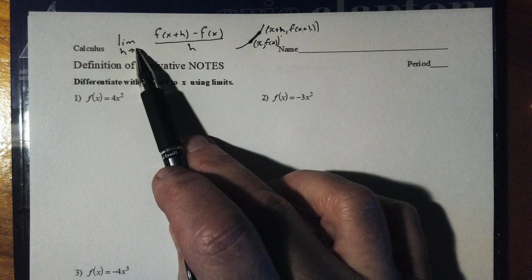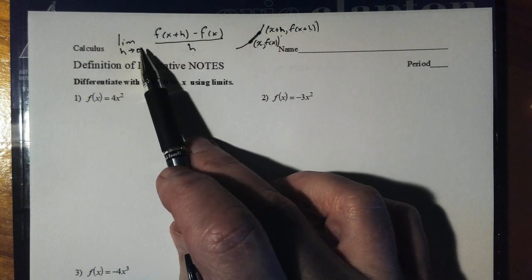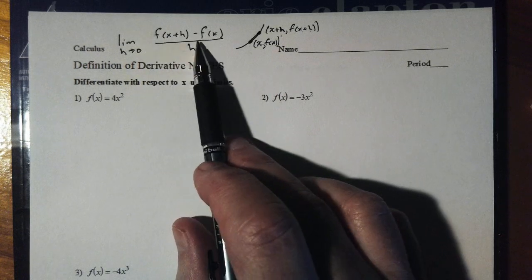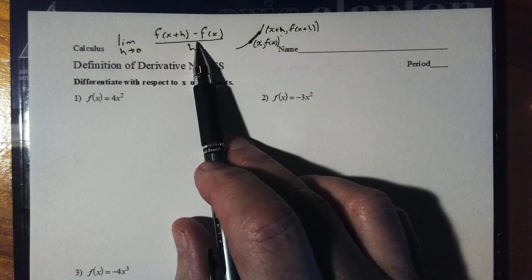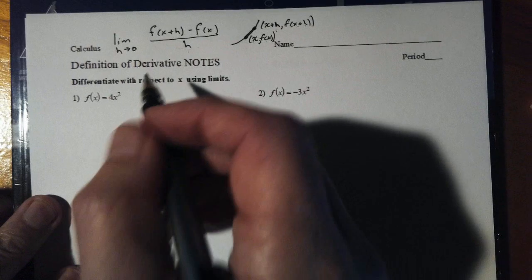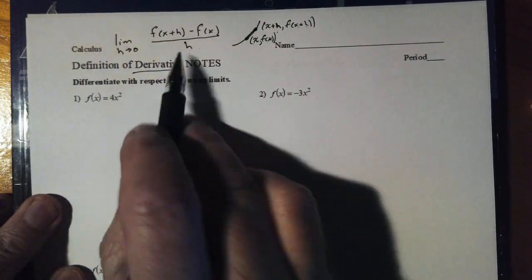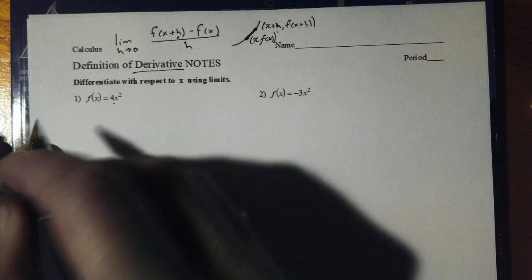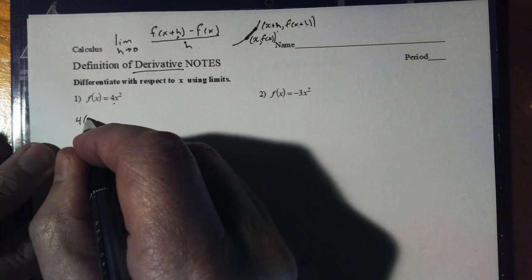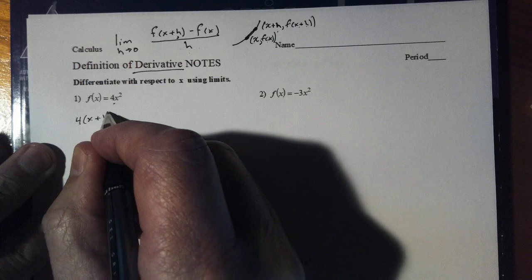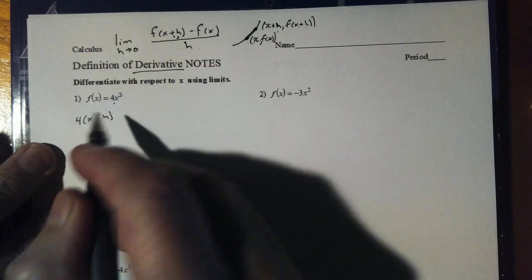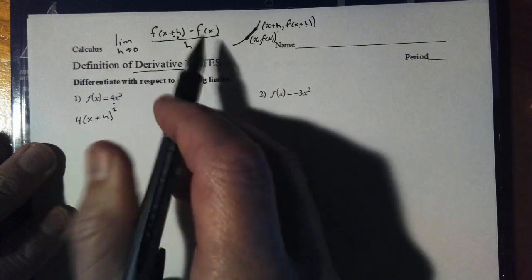Now there's a whole study that goes into limits, and you'll be talking more about that in calculus, but a lot of that is a build-up for doing exactly what we're going to do right here. So to find the derivative, or the slope formula, we want to find f of x plus h. F of x plus h here is 4 times x plus h. See, f is a factory that takes things, x plus h, squares them, and multiplies by 4.